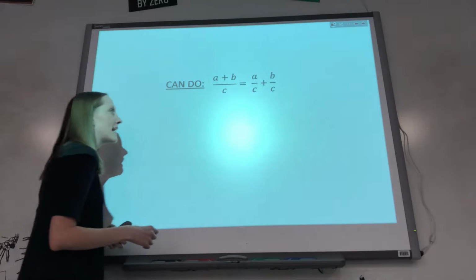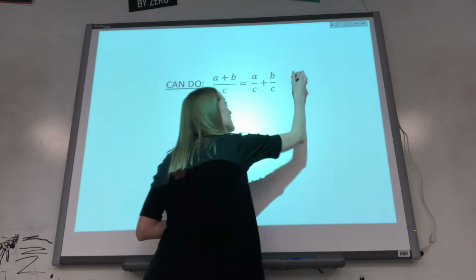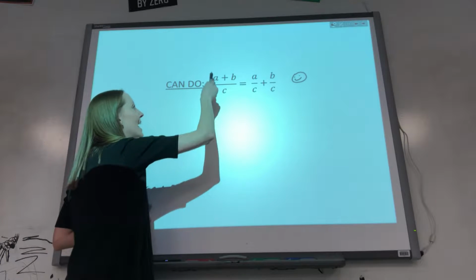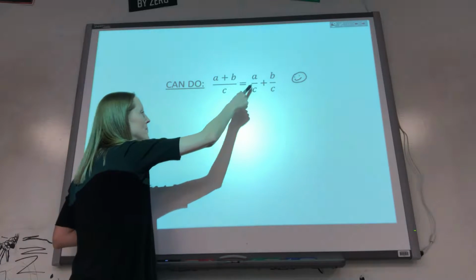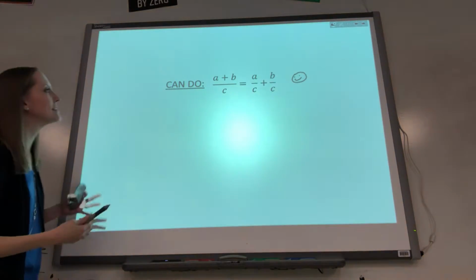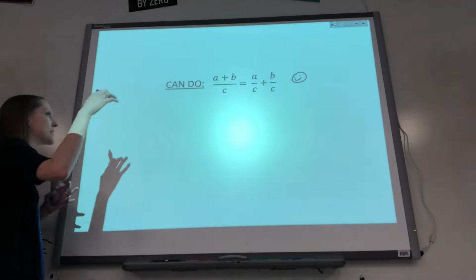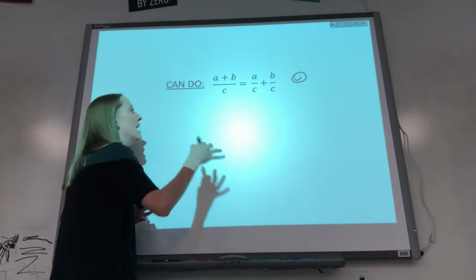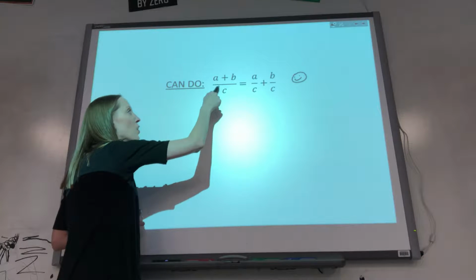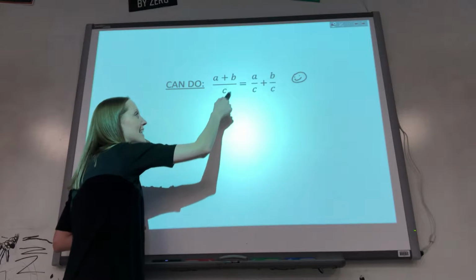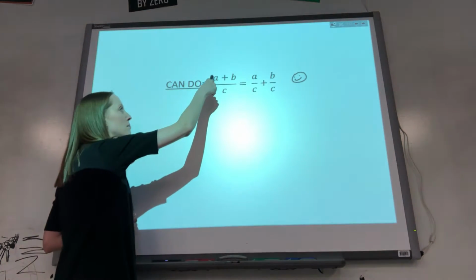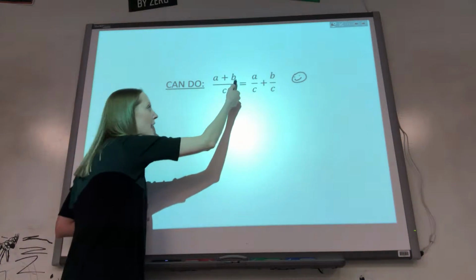So this is a can do. We're going to put a smiley face by this one because this one makes us happy. If you have A plus B all over C. Now we're not going to have A, B, and C. We're going to have trig functions and numbers and all kinds of things. But the main idea here is that your fraction has a single term on bottom and multiple terms on top.